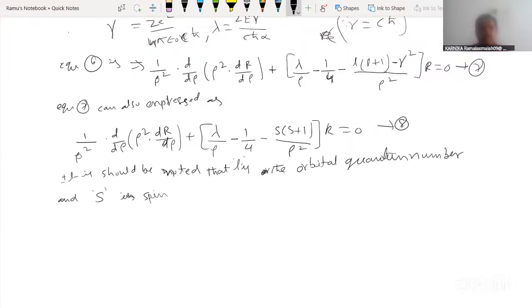You have to substitute both quantum numbers: L into L plus 1 minus gamma square is equal to S into S plus 1. This is equation 9.